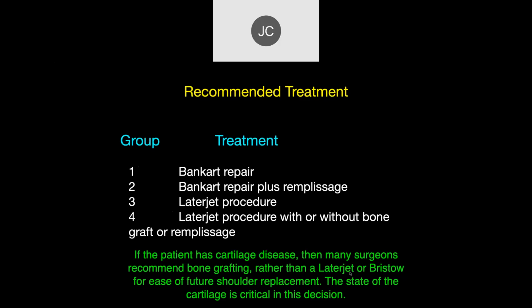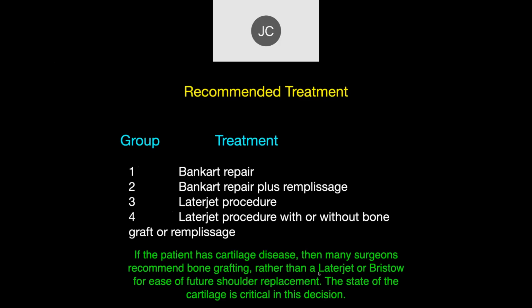We'll talk about what lateral J and Bristow is soon and some of the other things, but I also want to talk about that if the patient has a lot of degenerative disease, so we're typically not now talking about young athletes, but older individuals, then we kind of ended up saying that often it's best not to do a lateral J or Bristow, but instead do an actual bone grafting to the anterior glenoid because it makes shoulder replacement a lot easier.